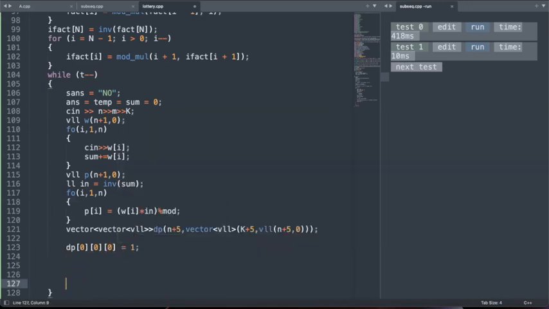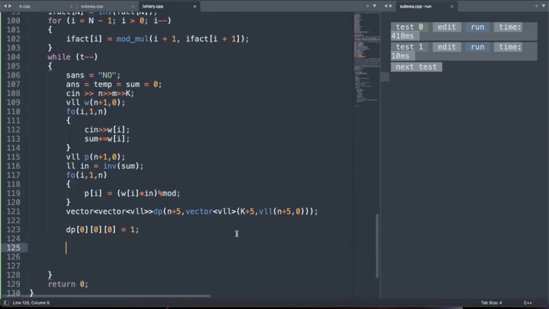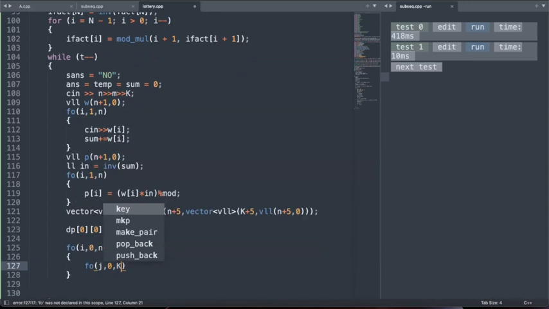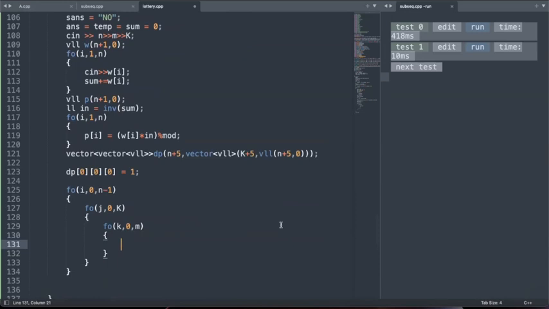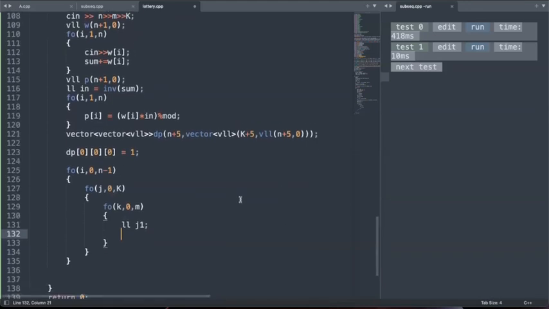And now we will iterate on all the states and just carry out the transitions. So we go from 0 to n minus 1, and then we will iterate for j from 0 to K. And then we will iterate for small k from 0 to m. Okay. And now let's try to iterate on j1. So the first thing that we'll do is we'll take care of the case when j1 is equal to 0.